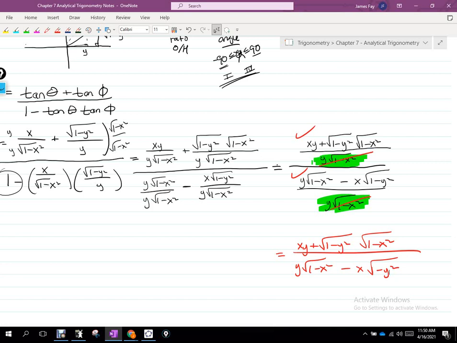Because if I did everything technically right, but maybe my sum formula for tangent, I wrote it as tangent of theta minus tangent of phi over 1 plus tangent of theta tangent of phi, so I used the wrong tangent sum formula. But structurally, procedurally, I did everything else 100% right. I'm not going to get credit for it because I'm just typing into a box. If you did that on a handwritten test, I'd probably circle it, say be careful, and give you full credit. Okay.